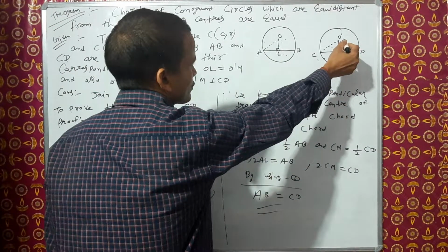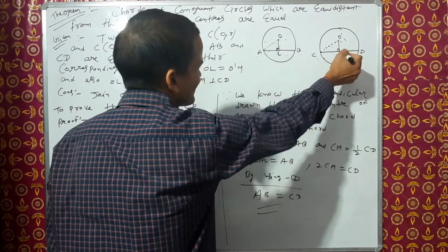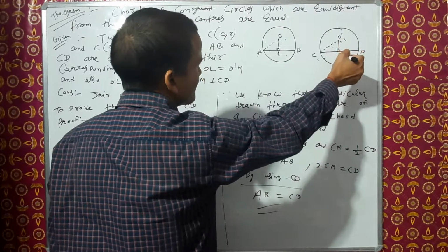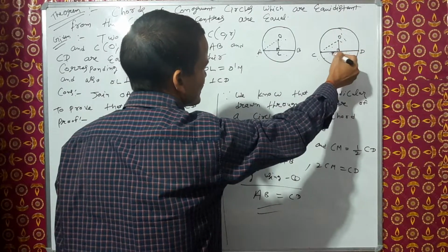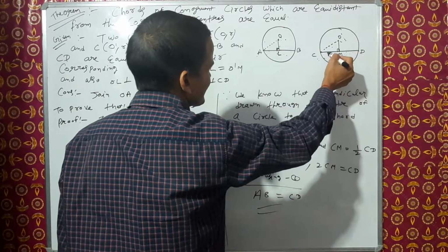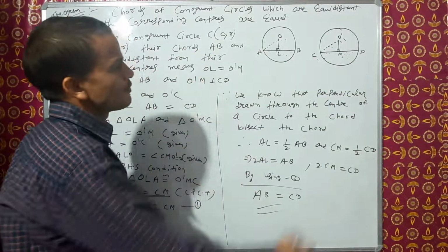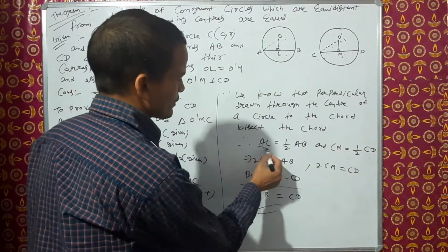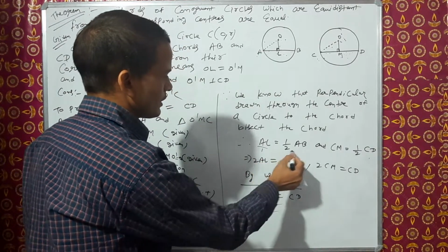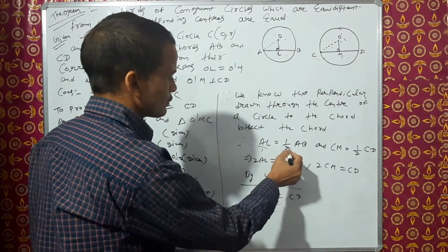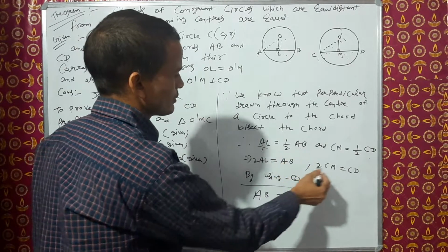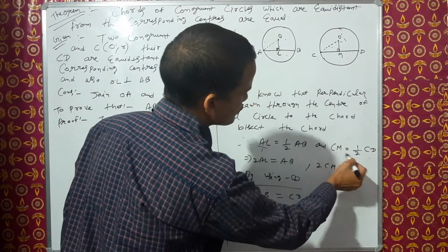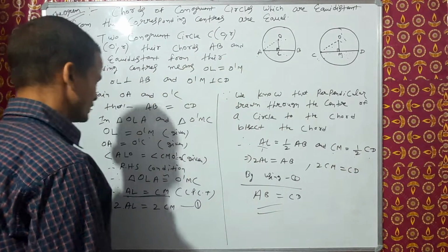In this figure also, O dash M is perpendicular to the chord CD, so O dash M bisects the chord CD, meaning CM is equal to MD. So we write that CM is half of chord CD. When we cross multiply, we find 2 times AL is equal to AB, and here also 2CM is equal to CD.